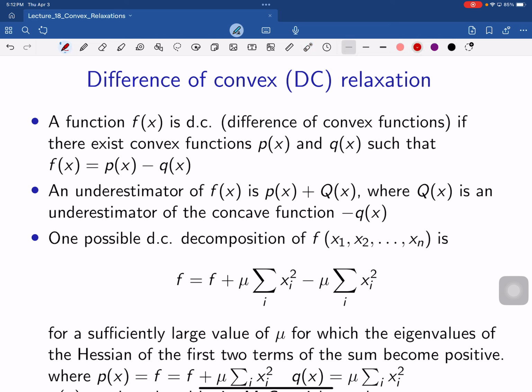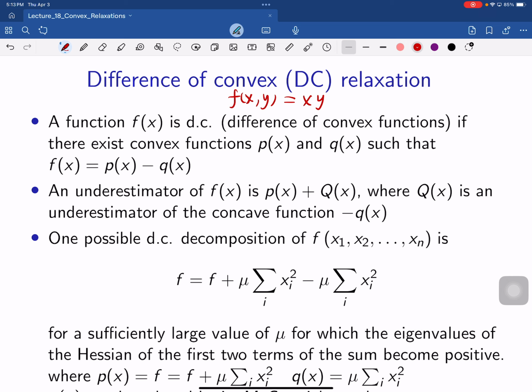Why is that the case? Let's give a quick example. Let's say you have f of x and y equals a bilinear function. Now, can you represent a bilinear function as the difference of two convex functions?